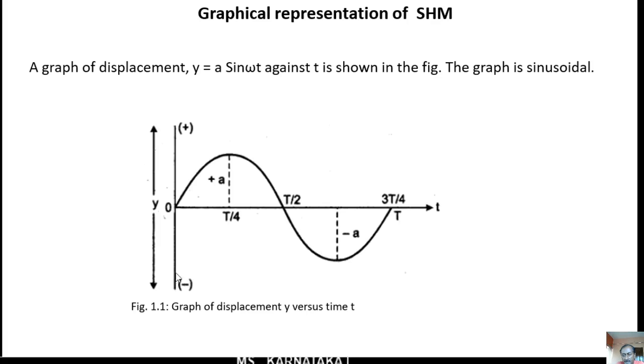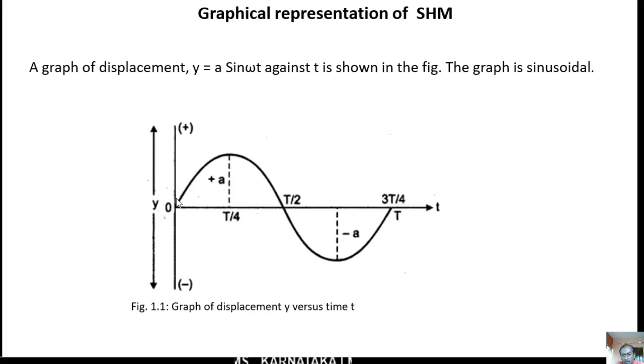Again the particle comes back from the extreme position to the mean position or equilibrium position O. Then it covers a half period, that is T by 2.